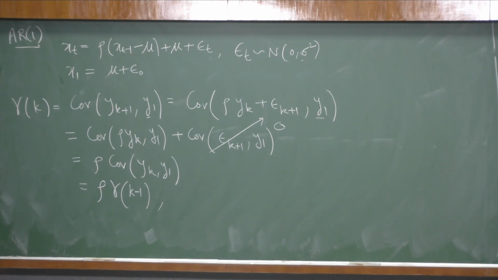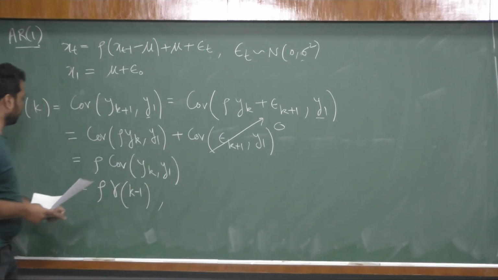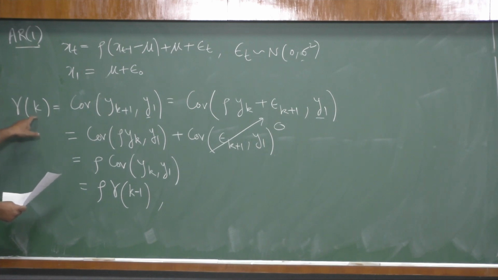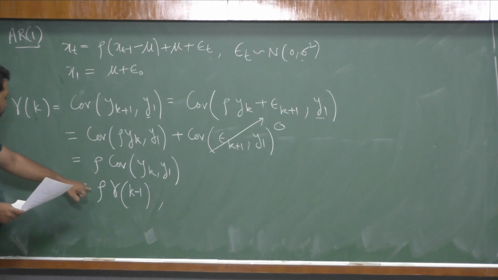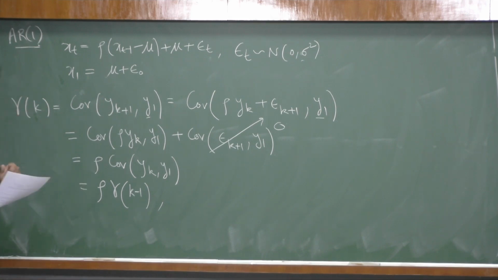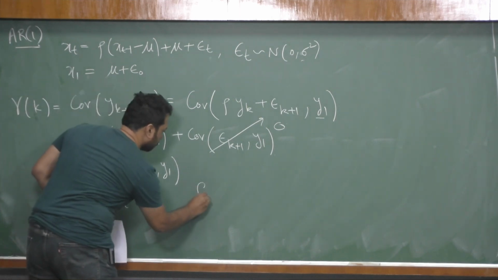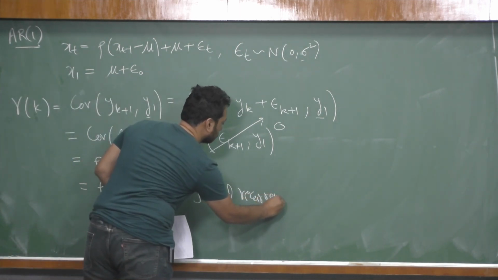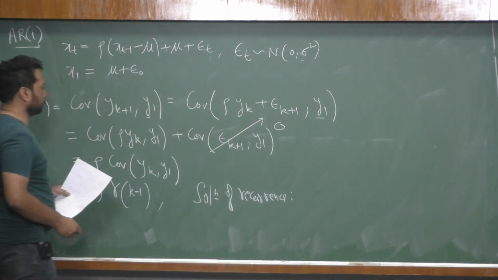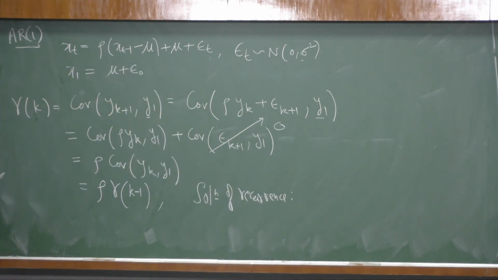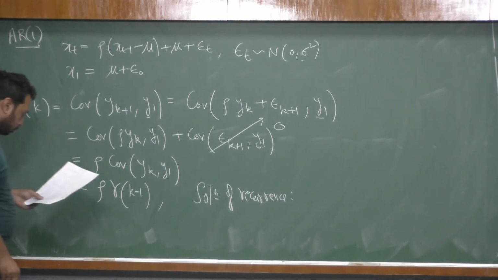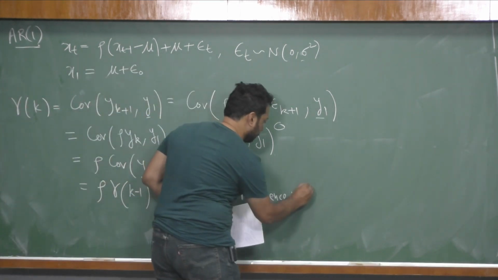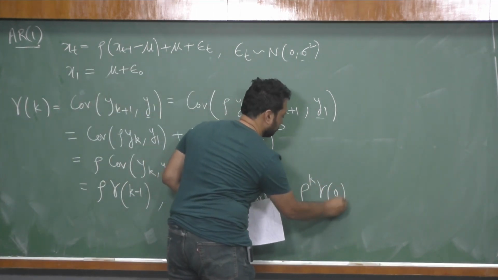Okay, so there is something to fill here, and we want to see what is the solution of this recurrence. So we suspect that the solution of this recurrence will be, let us say, rho^k gamma_0.